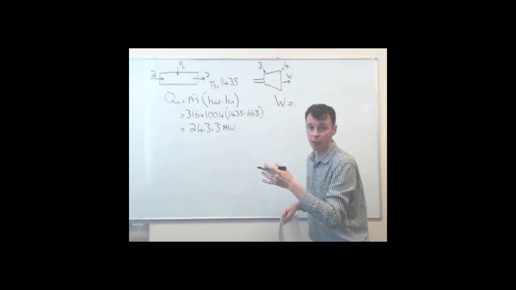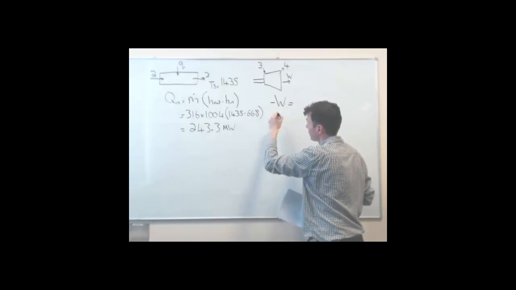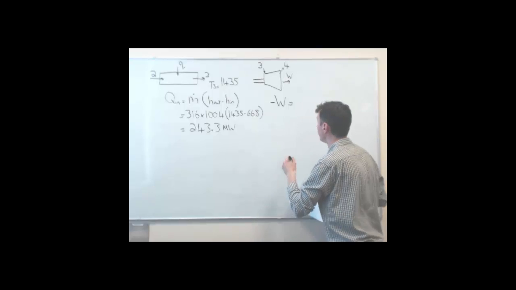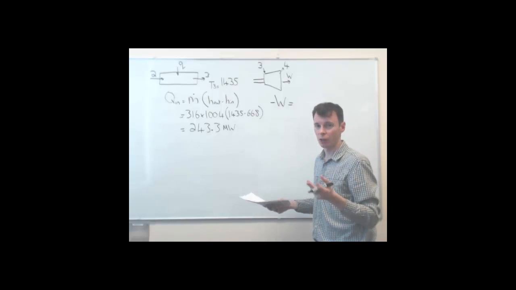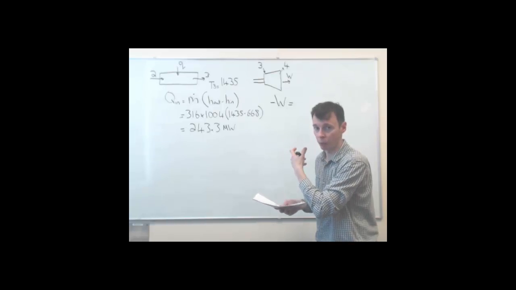Now, in terms of the steady flow energy equation, you obviously know it's Q minus W equals. So the convention would say we put a minus sign there. Again, it is convention. Common sense will tell you at the end that our answer is not going to be a negative amount of work.